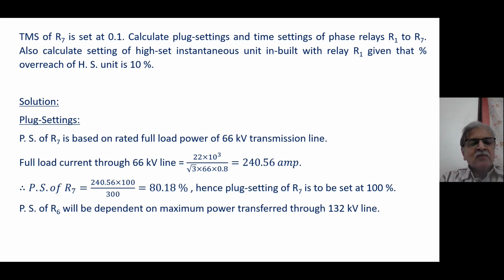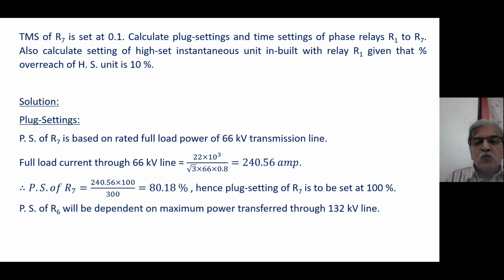R7 depends on the rated current of the 66 kV line, which is given to be 22 megawatts. If you calculate 22 into 10 raised to 3 divided by root 3 into 66 into 0.8, all these things well known, right? 0.8 is the power factor, 66 is kV, 22 is megawatt.